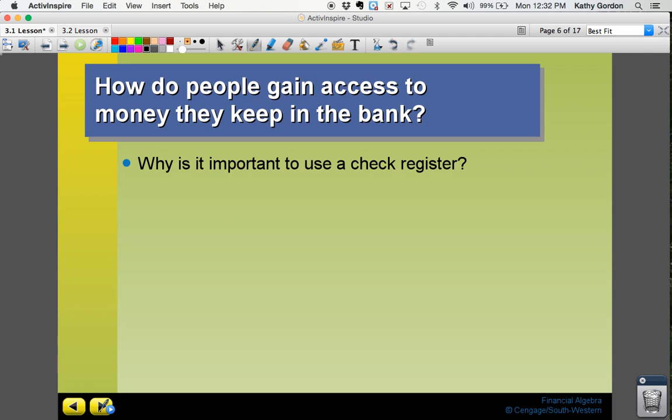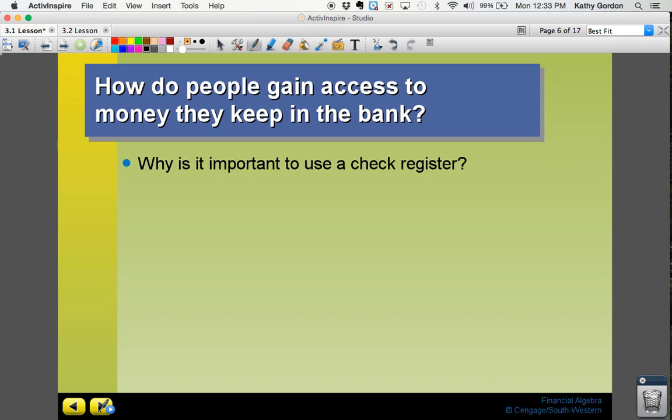And so it's a check that was meant to be for $150, but they type it in as $510. You know, just little things like that. Mistakes can happen. And if you don't have any idea what you should have in your account, and you are just completely relying on whatever the bank says every time you log into your account online, you could get ripped off.